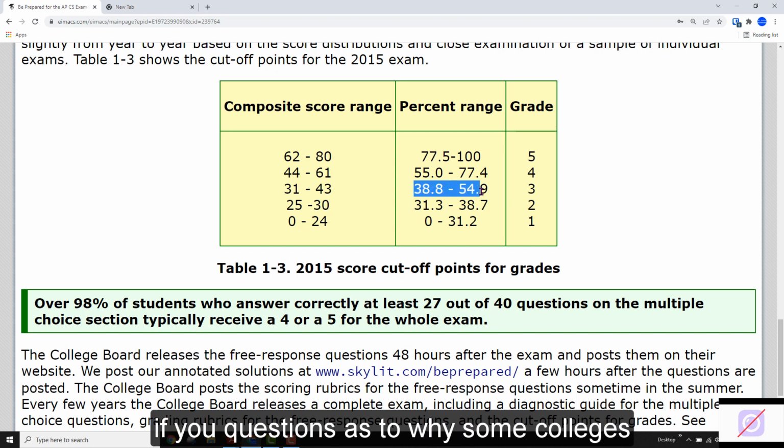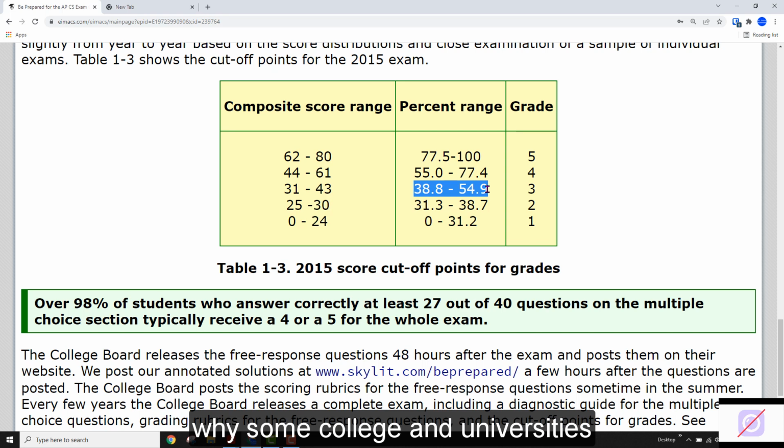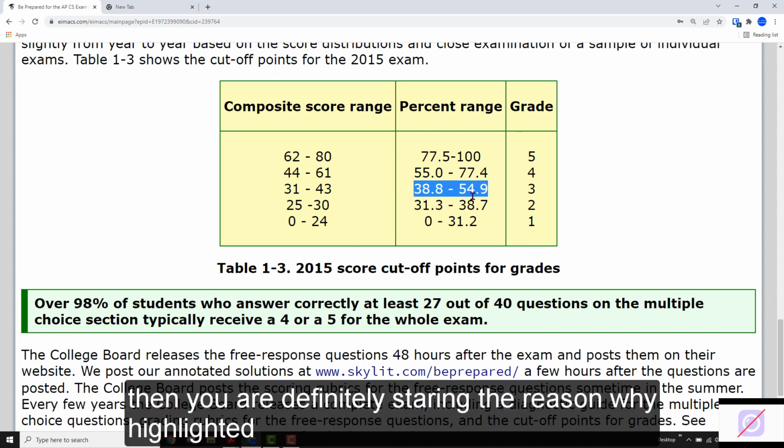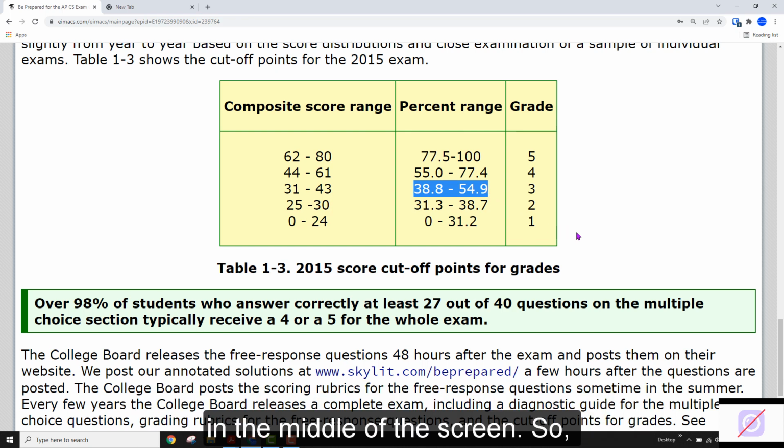And if you had questions as to why some colleges and universities do not accept a 3 for course credit, you are definitely staring at the reason why highlighted in the middle of the screen.